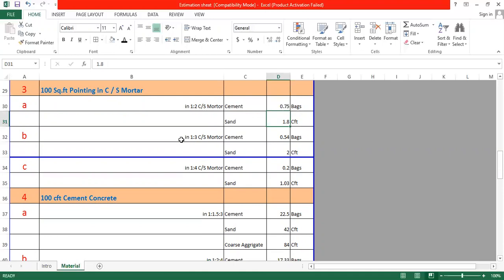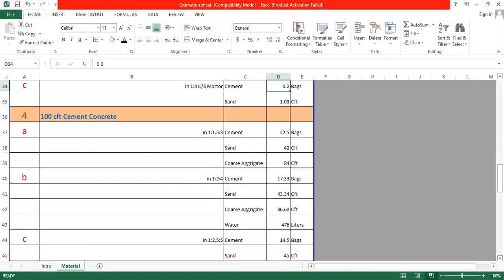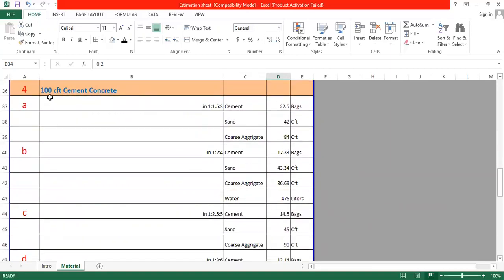If the ratio is 1:3, then the cement will be 0.54 bags and the sand will be 2 CFT. And for the 1:4 cement sand mortar, the cement required will be 0.2 bags and the sand required will be 1.03 CFT.